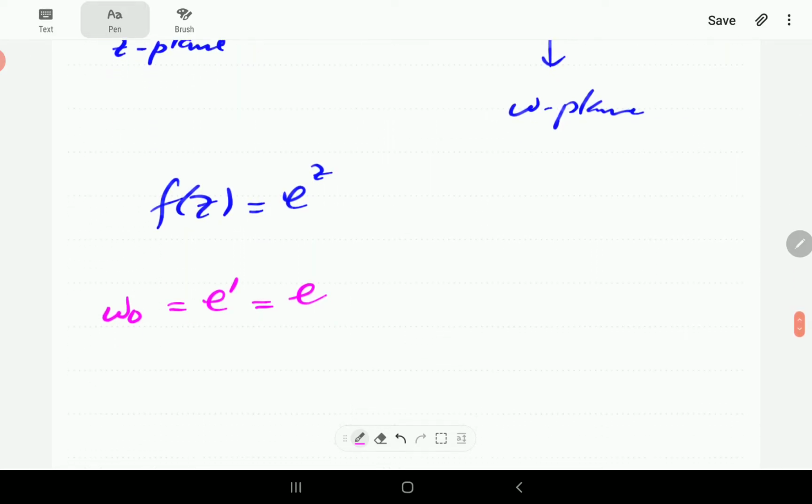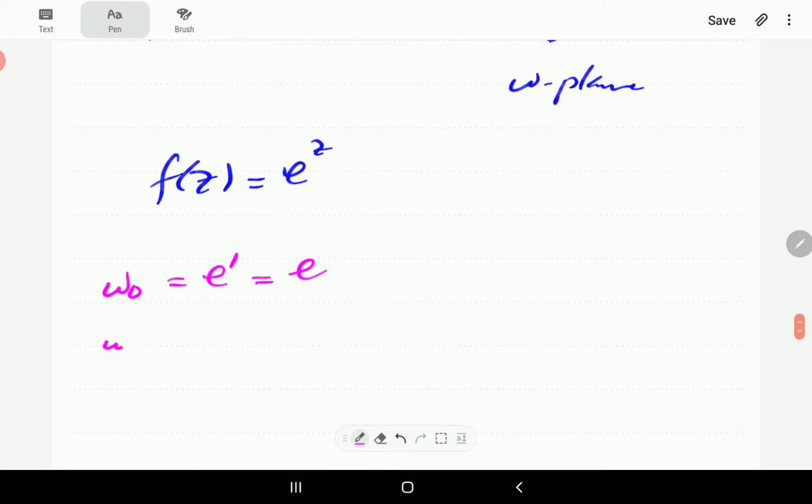Then we go to the image of z1, which is w1. That one is going to be e to the power 1 plus i pi over 4, so we can write this as e times e to the i pi over 4.